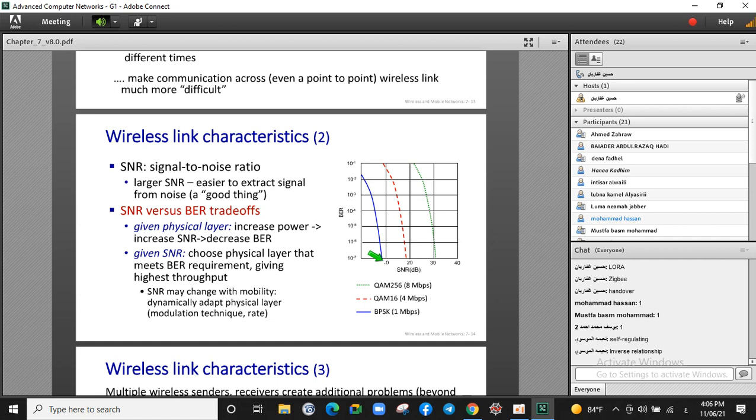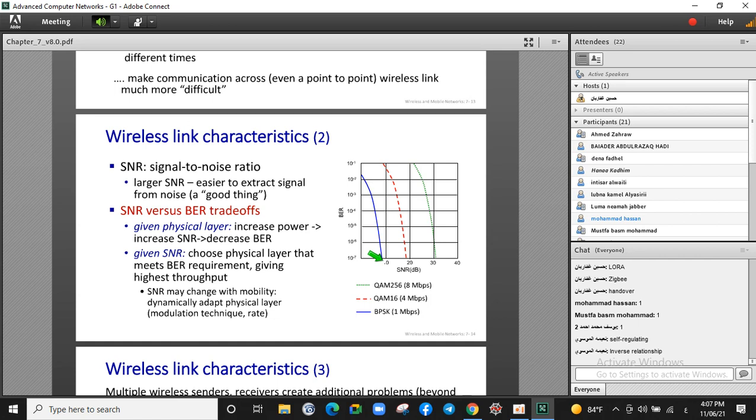For example, bad weather conditions may affect my wireless link. Water molecules in the air, in clouds, when it is rainy or cloudy, can affect my communication link.